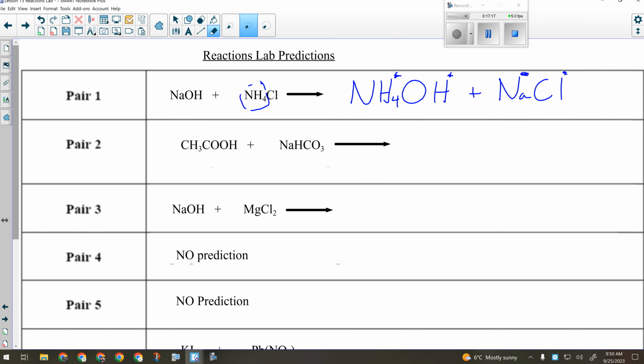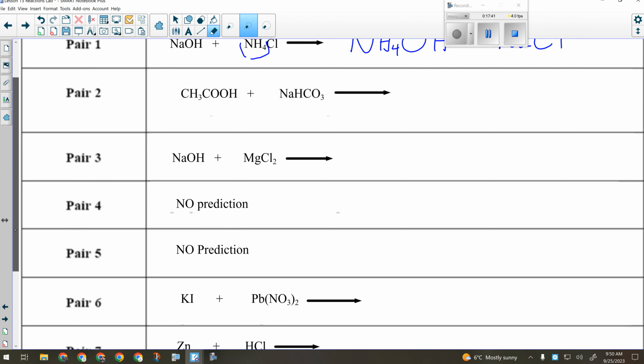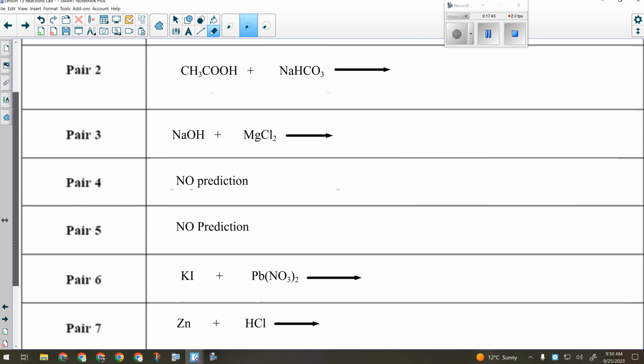Part of the analysis is actually writing out what actually happens in the reactions, because spoiler alert, not all of your predictions are going to be right, even if you follow the rules I taught you. Sometimes reactions don't go exactly as predicted. But what I would like you to do right now is take some time and predict what you think the products of these reactions are going to be.